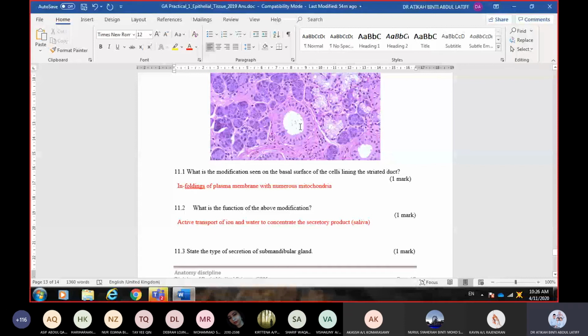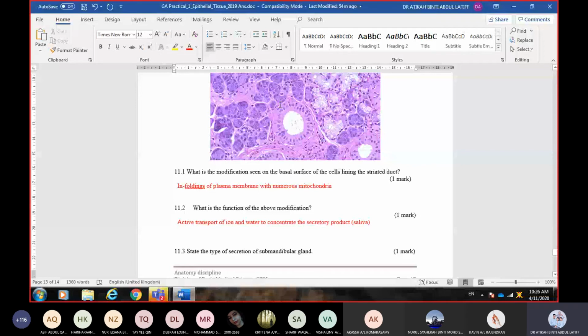If you imagine here at the basal surface of the cells lining the striated duct, there are supposed to be infoldings of plasma membrane at the base with numerous mitochondria, but very small. You can't see them in this low power. It allows for active transport of ion and water to concentrate the saliva produced by this whole gland.